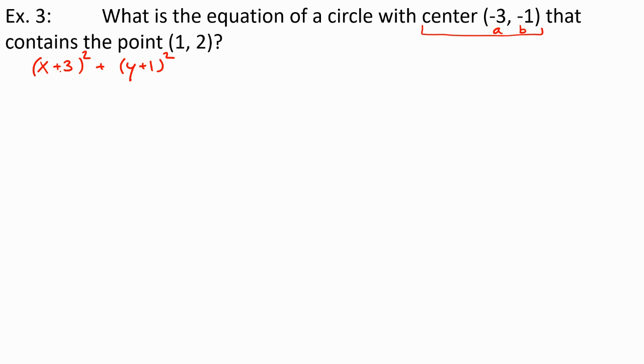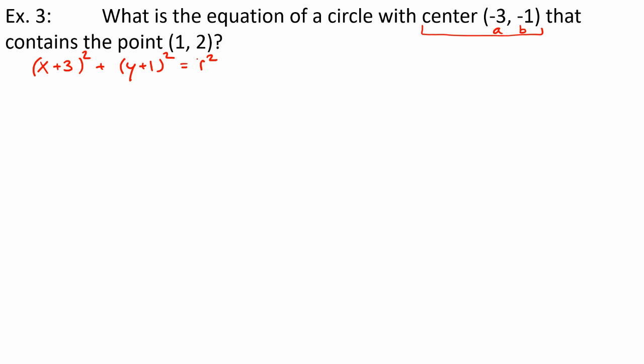Why am I writing x plus 3 and y plus 1? Shouldn't those be minuses? When I plug in −3 and −1, the formula cancels those negatives and it becomes x plus and y plus. But we don't know what the radius is. So it's going to stay as r squared for now. We need to know what the radius is, and we would be done with this question.